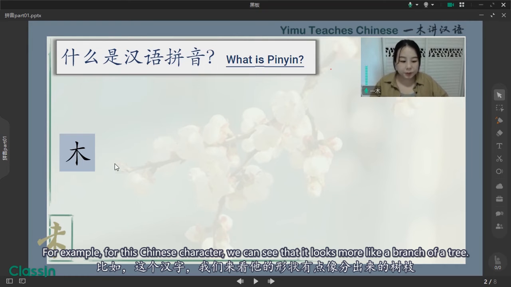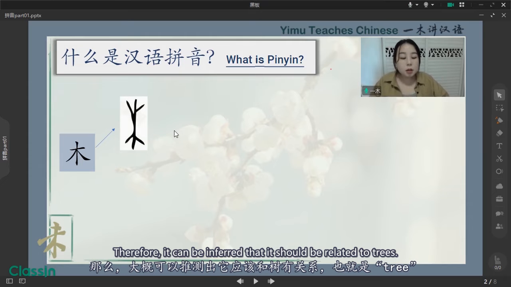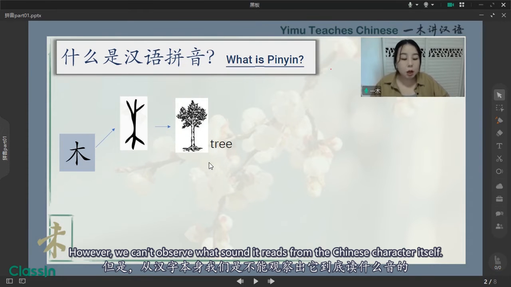For example, for this Chinese character, we can see that it looks more like a branch of a tree. Therefore, it can be inferred that it should be related to trees. However, we can't observe what sound it reads from the Chinese character itself.